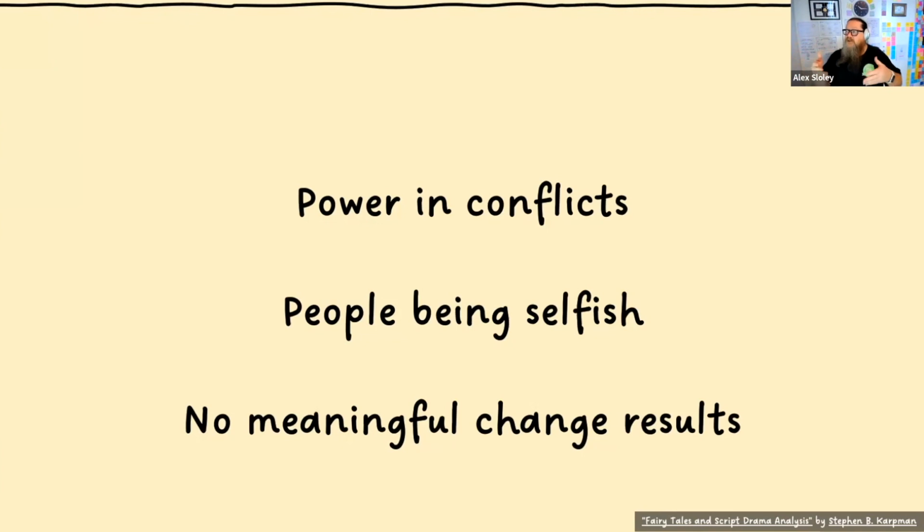But if you get into the drama triangle a little bit more, what you figure out is that it's people being selfish. They're playing these roles, right? They're selfishly playing those roles without consideration of anybody else really in the system. Now, when people get into this drama triangle situation, no meaningful changes happen in terms of resolution to the conflict.